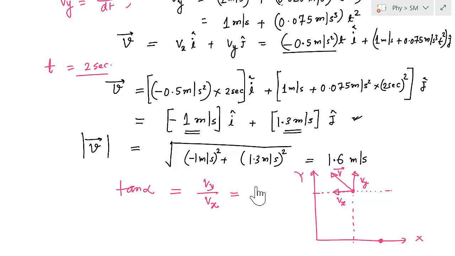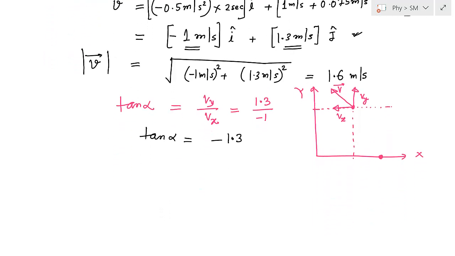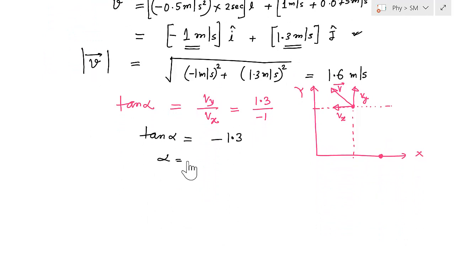Vy in this case is 1.3 and Vx is minus 1. So tan alpha equals minus 1.3, and from here you will get alpha equals minus 52 degrees.